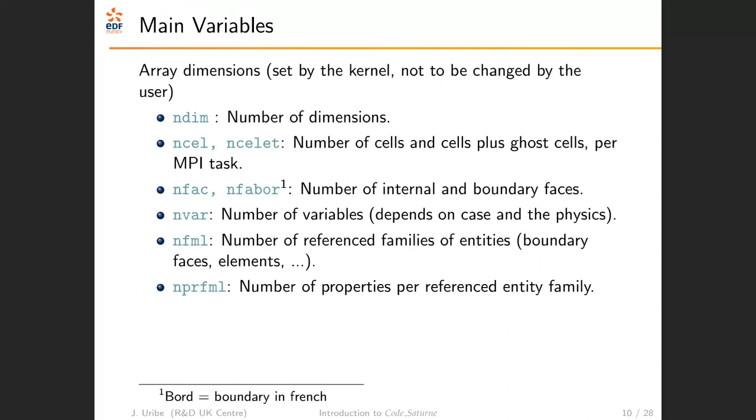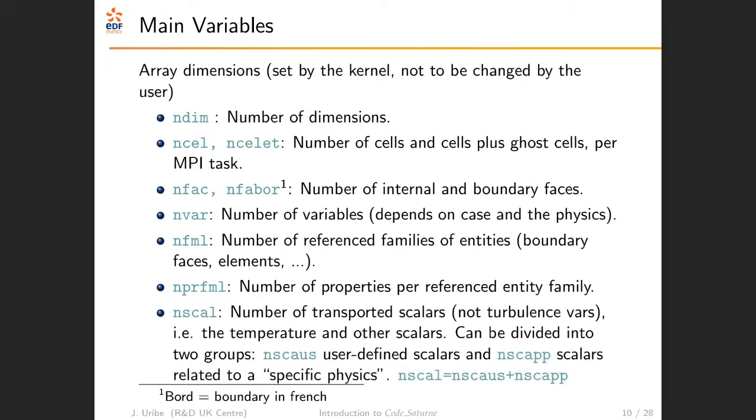Number of properties is referenced by each one of these families is IPRFML. Number of scalars is also very useful when you're doing things like temperature or concentration. You need to know which scalar is the one that you're dealing with.